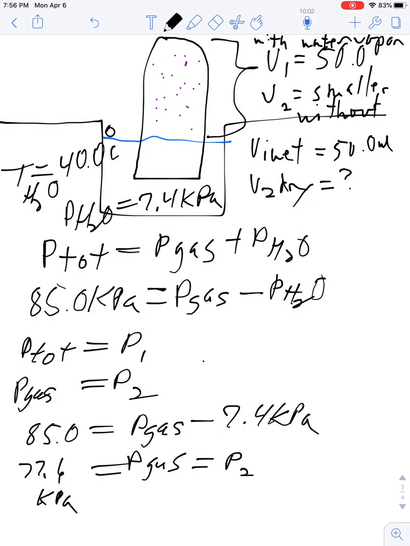So I have now everything I need to solve for my V2 dry gas. So I'm just going to rewrite all the pertinent information. So I've got my V1, I've got my P1, which is 85, and I've got my P2. Okay, so I have everything that I need in order to solve for V2. All right, so here we go. P1 V1 wet is equal to P2 V2 dry.